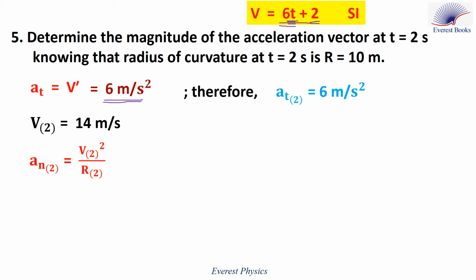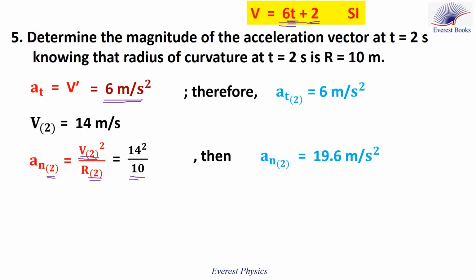To calculate the magnitude of the normal acceleration at time 2 seconds, we need to divide the square of the speed at time 2 seconds by the radius at time 2 seconds. The speed at time 2 seconds is 14, and the radius at this instant is 10. Therefore, the normal acceleration at time 2 seconds equals 19.6 meters per second squared.